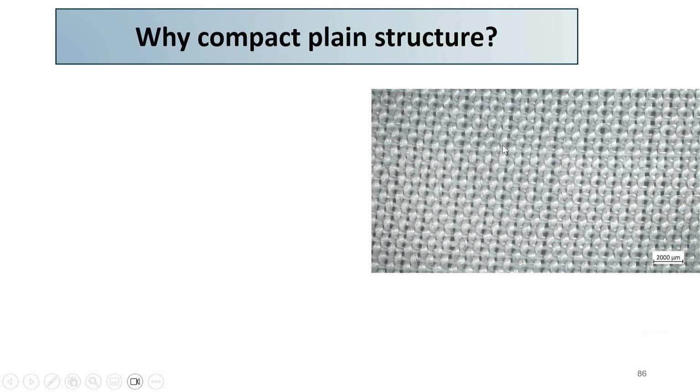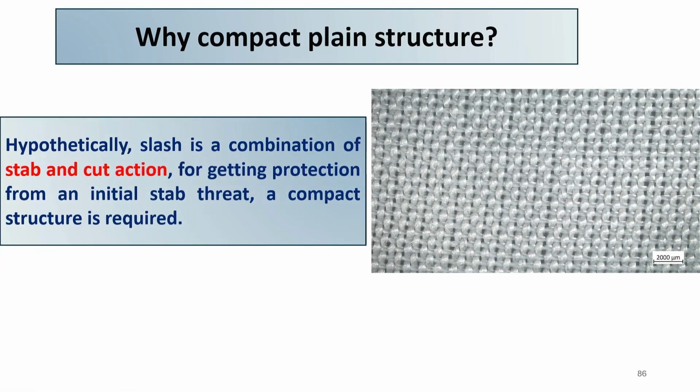So, why were compact plain structures produced? Hypothetically, slash is a combination of stab and cut action, and for generating protection from the initial stab, a compact structure is required. That was our hypothesis, that is why we developed a compact structure.